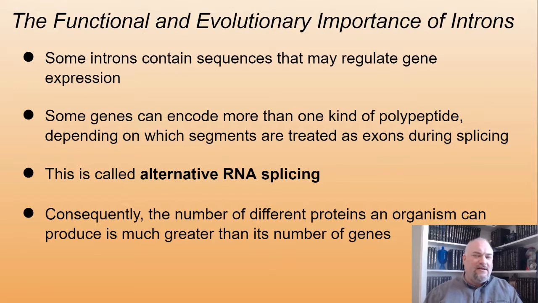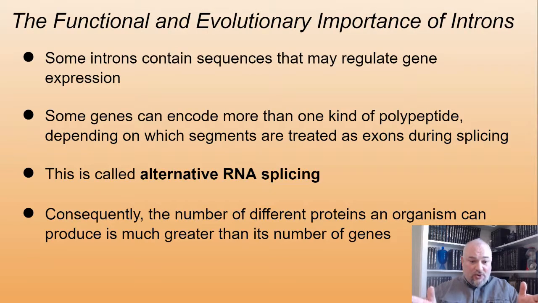So why are these introns important? Why are they even there? Some introns seem like they might contain sequences that regulate gene expression, regulate when genes get turned on or off. Some genes can encode more than one kind of polypeptide, depending on which segments are treated as exons or introns during splicing.